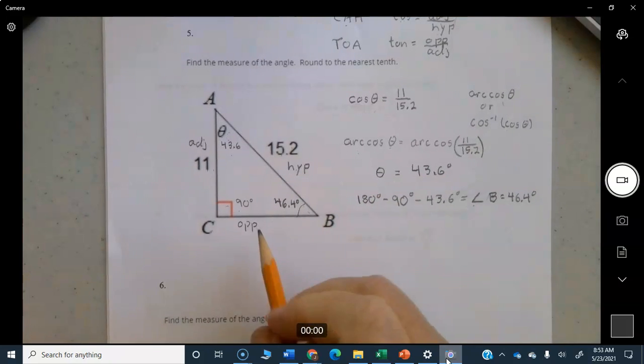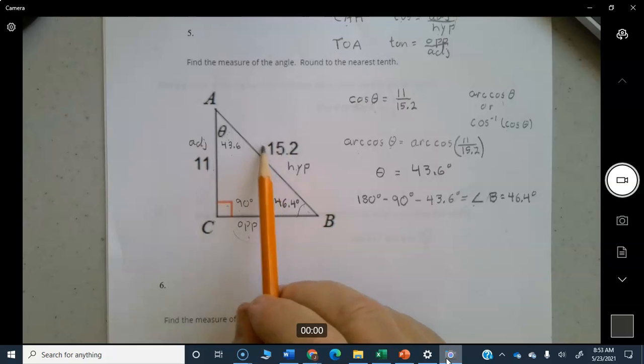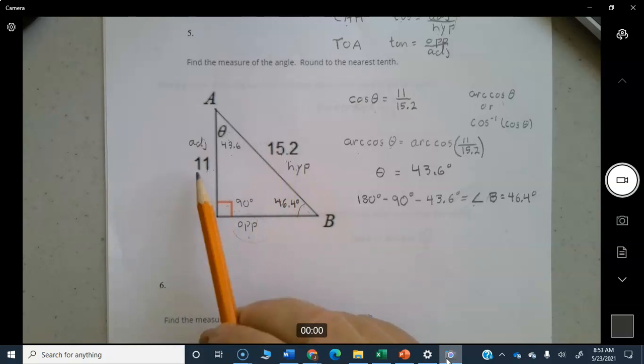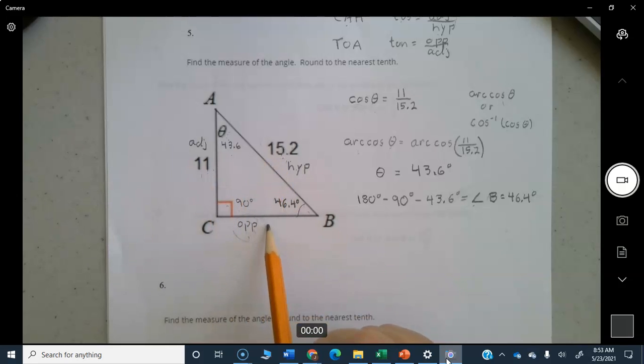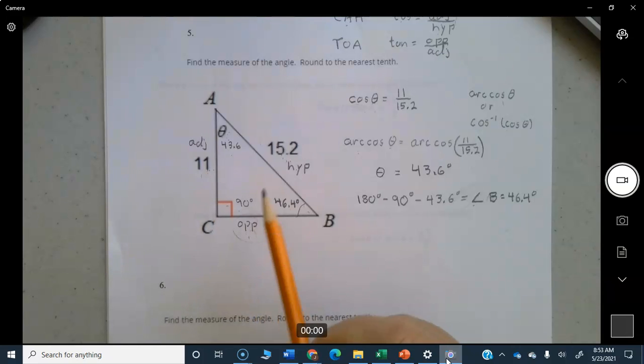Okay, now we have one more side to find out, this one. We could use the Pythagorean Theorem. Here's the hypotenuse, c squared minus, if we call this side A, it doesn't matter which side is A or B. C squared minus A squared equals B squared. We could do that, but I'm going to use trigonometry. So you can either find the relationship between the opposite and the adjacent, or between the opposite and the hypotenuse.